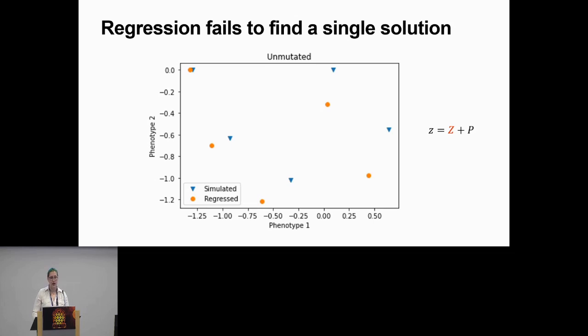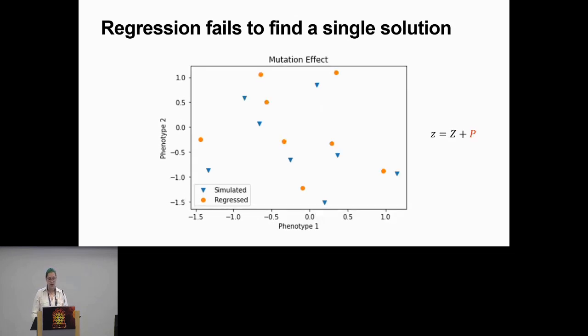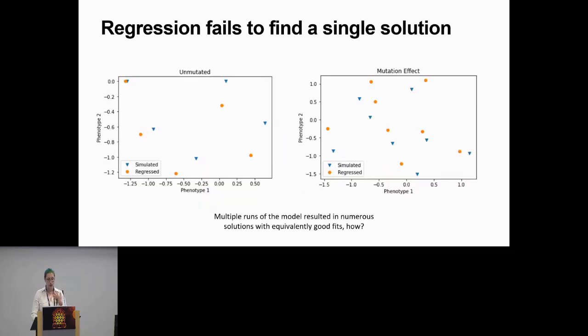In general, the regressed Z's don't match our simulated ones, despite the fitness matching. And this trend continues with P. So what we found was that multiple runs of the model resulted in numerous solutions with equivalently good fits, but very different actual landscapes. So how is this happening?